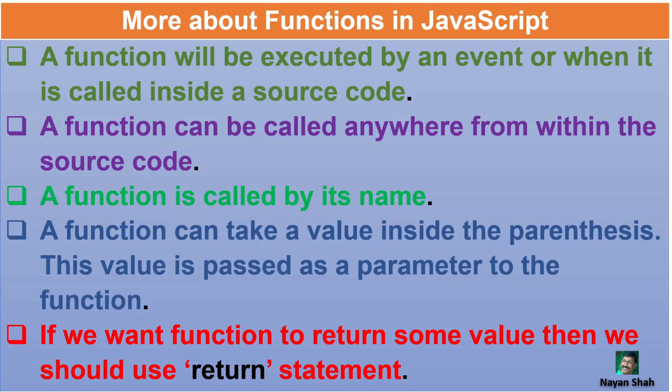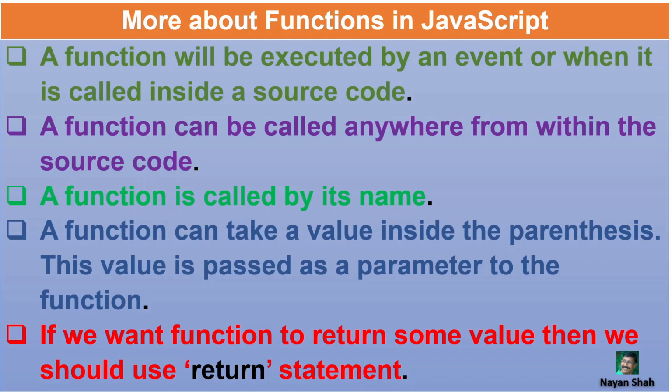Some functions take values inside the brackets, which are called parameters. Just compare with the Excel sum function. The sum function of Excel takes parameters as arguments within the bracket. You write equals sum, and in brackets 10, 15, and 10 and 15 are parameters which are passed to the function sum.